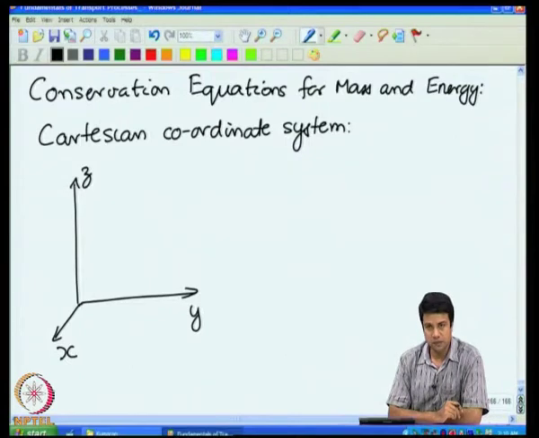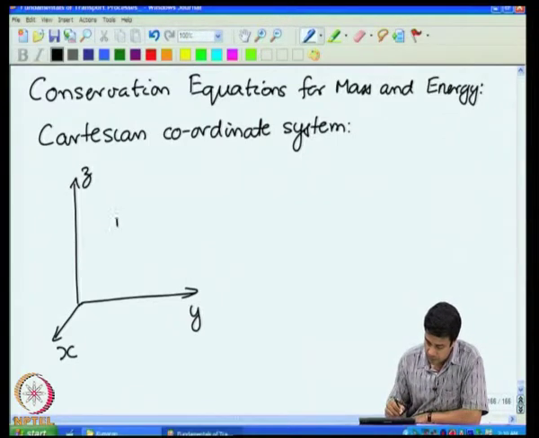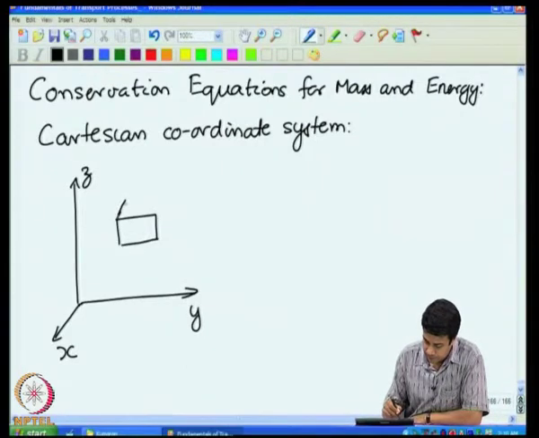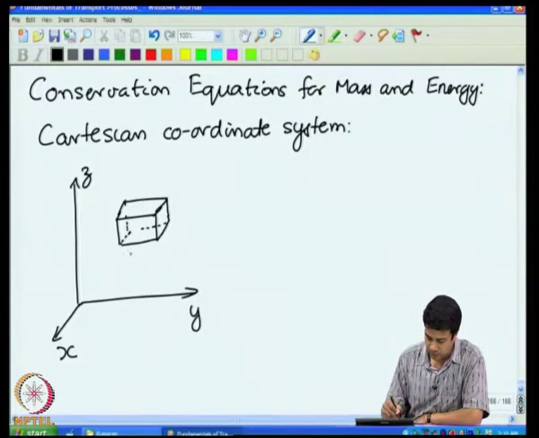The differential volume, of course, is bounded by surfaces of constant coordinate. Okay. So, in a Cartesian coordinate system, this differential volume will be a cubic differential volume. And this has width delta y, delta x and delta z.